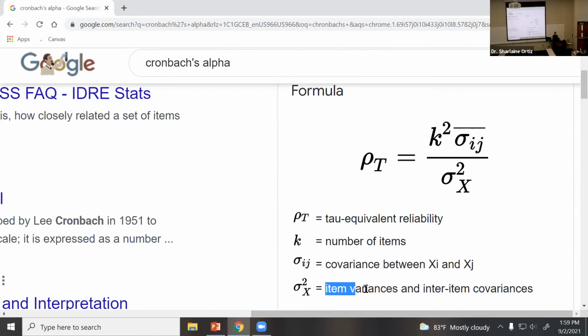And similarly, we also want to find the variance within those items. And once we find if there is in fact some sort of relationship, some sort of variance, the higher the number, closer to 1, so +1 or -1, the more likely these items are related to each other.